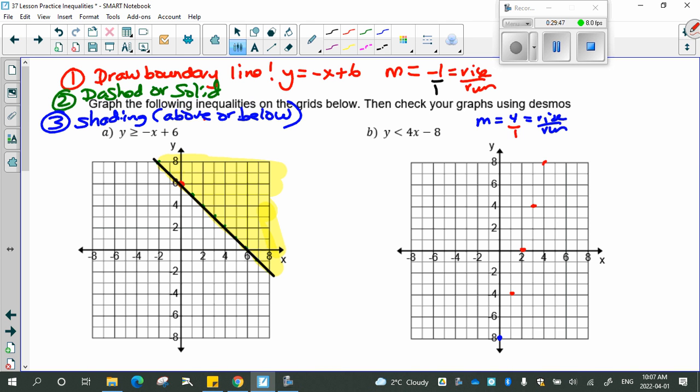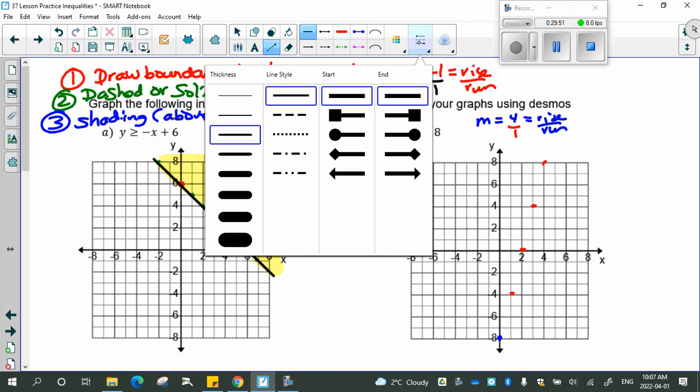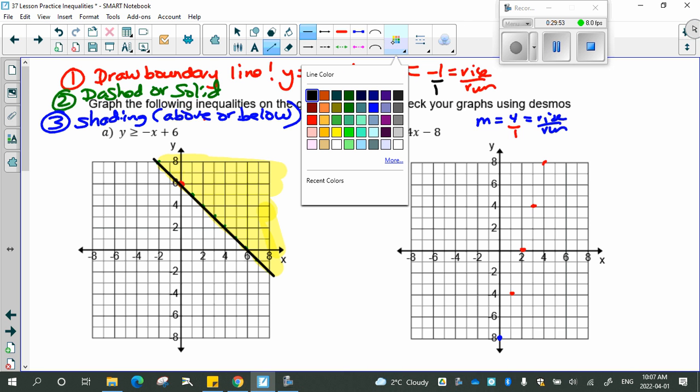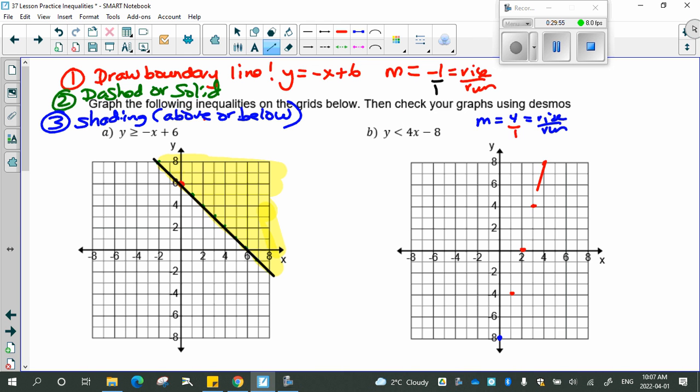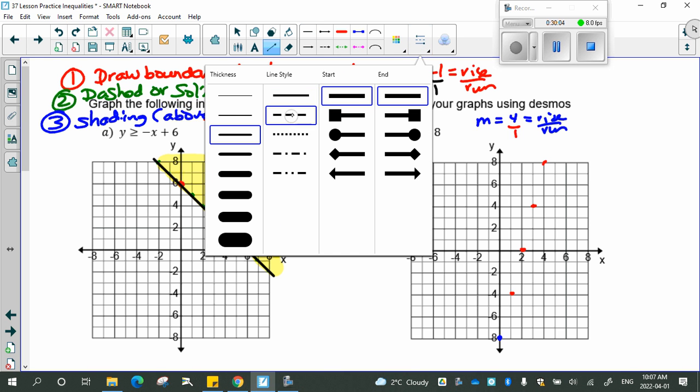And then I'm going to dash my line. Should be able to put a dash line here.